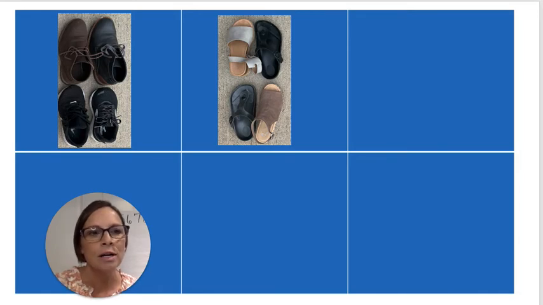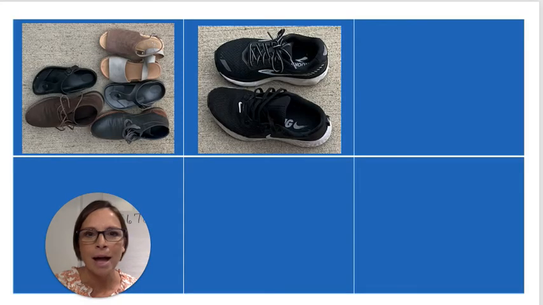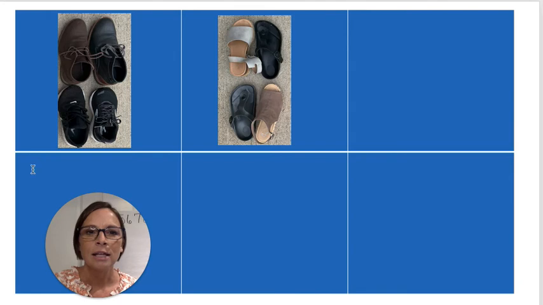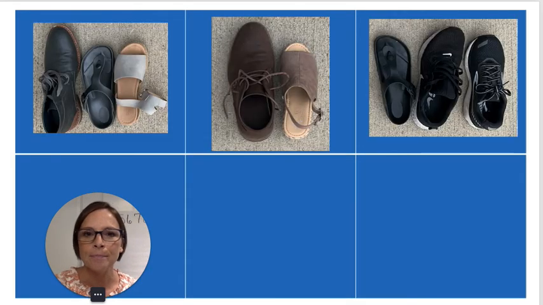Because before, we had all of the shoes together, and then we wanted to sort them by ones you could exercise in and ones that you wouldn't. And then I made the decision for the rule of sorting to be tie shoes, not tie shoes. Let's take a look. Notice that we also were noticing what's the same, tie, not tie, and what is different, tie, not tie, right?